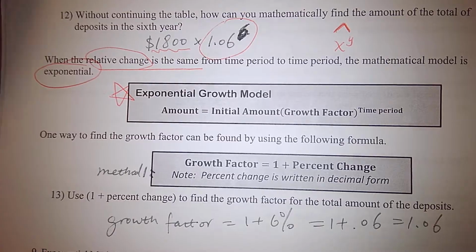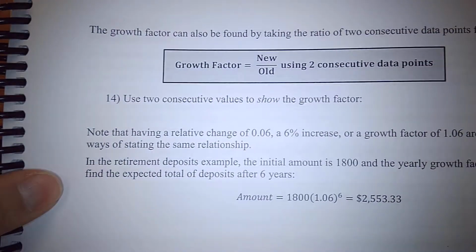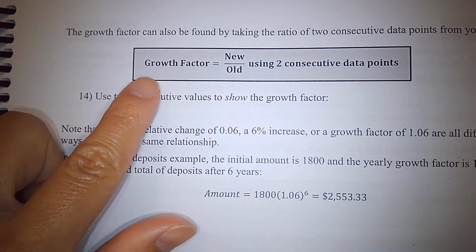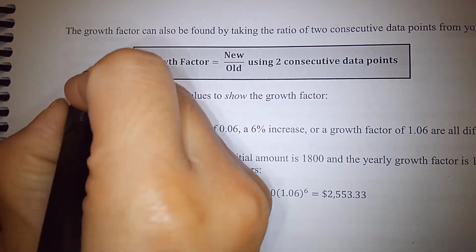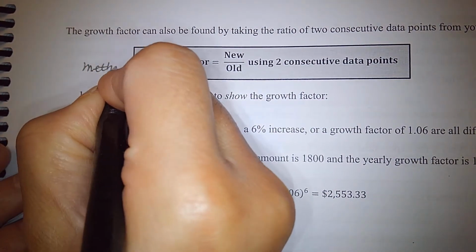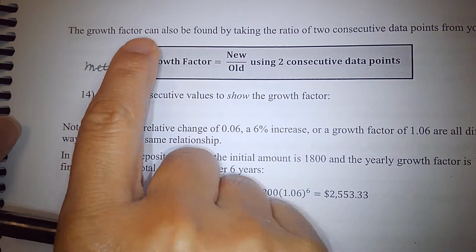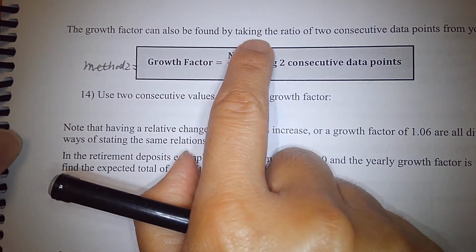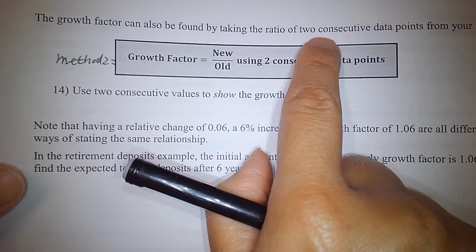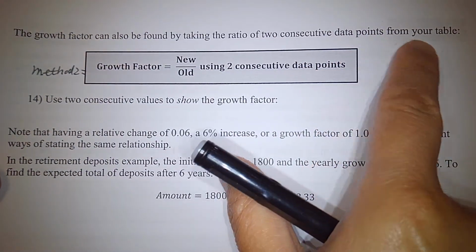What is the second method to find the growth factor? I believe we are very familiar with this second method. What is it? By taking the ratio of every 2 consecutive data points from your table.